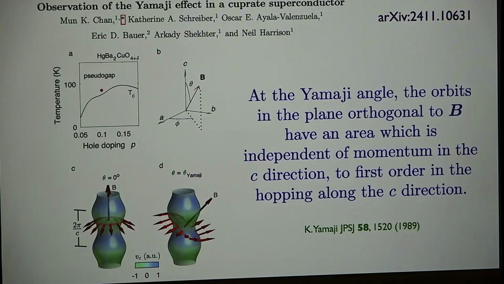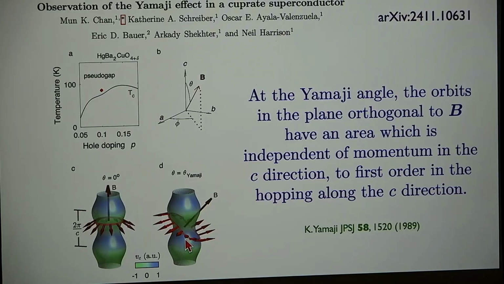Yeah. So just look at this picture. From this picture, it seems implausible that this area doesn't change as you slide that thing up. So what happens is that you expand in the bandwidth in the z direction. Let's call it t perp. So the area is some function of t perp, and it turns out that the area becomes independent of kz to first order in t perp.